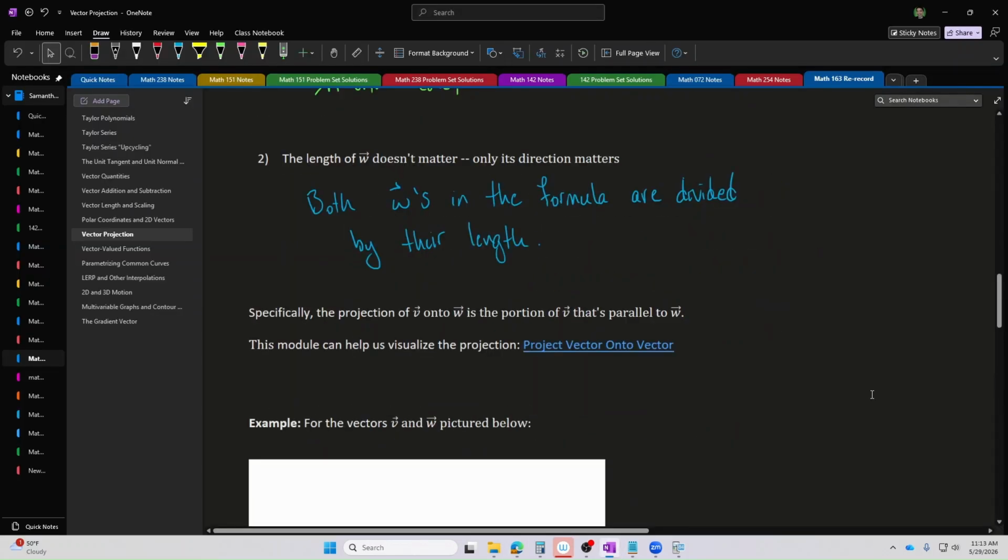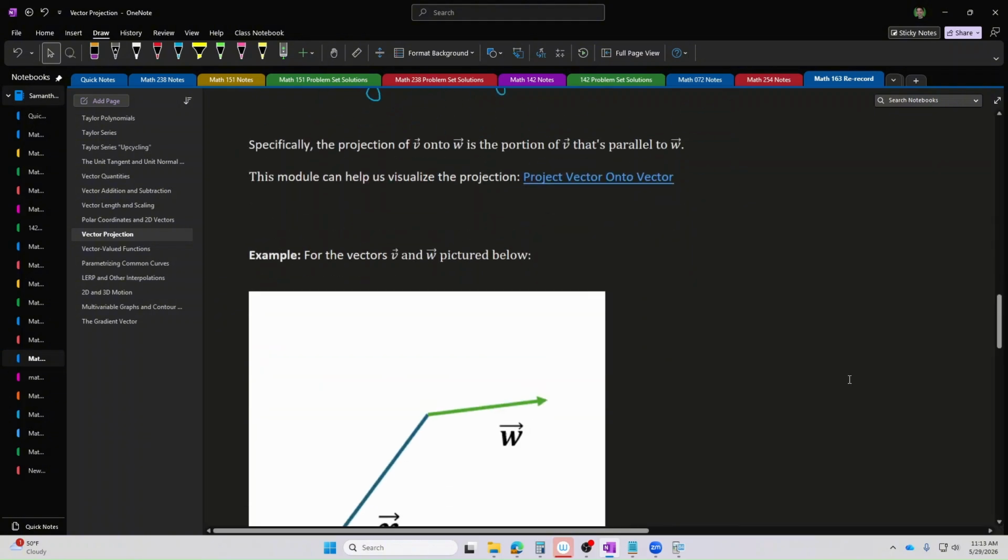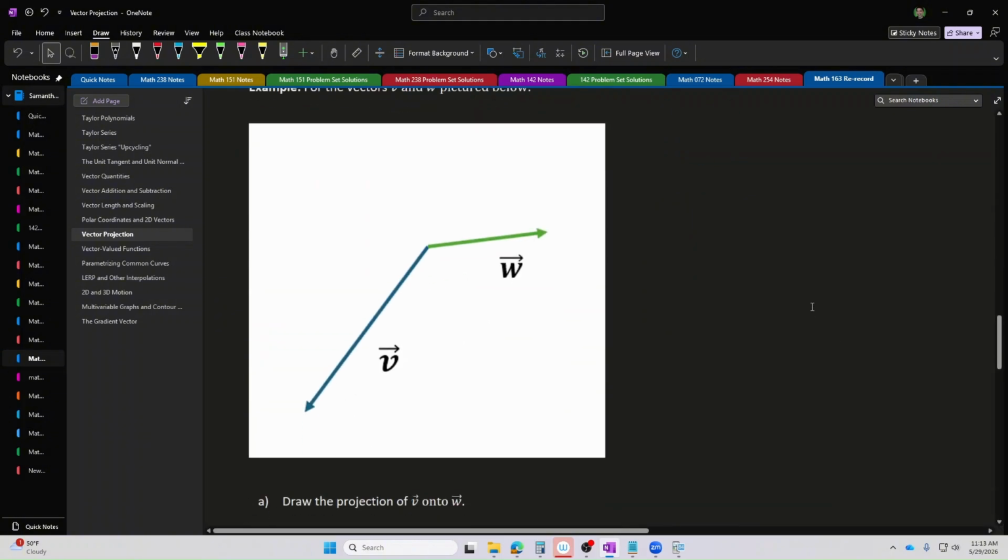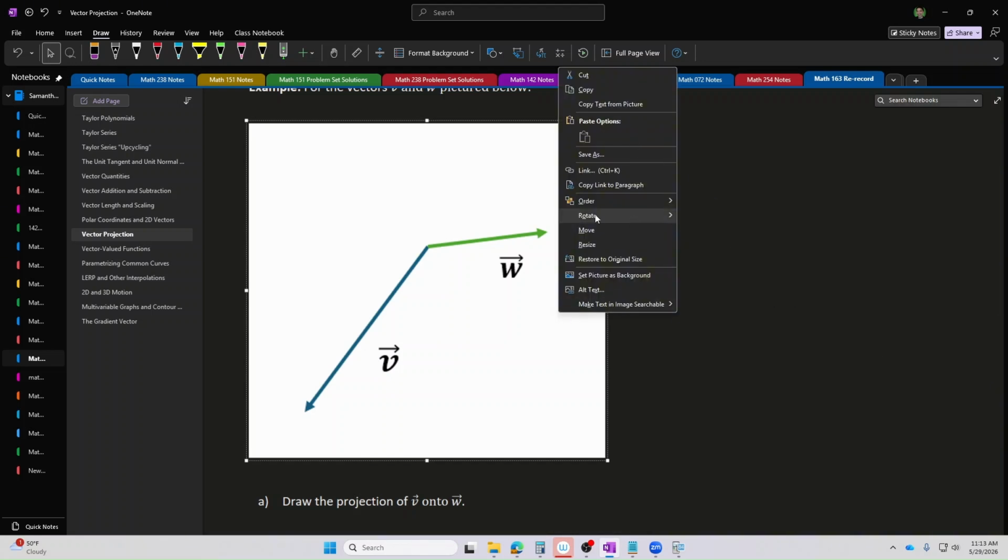To make sure we understand what the projection formula is doing, let's go ahead and practice finding the projection just using a picture and not using the formula. So here, for example, is an image of two vectors, v and w. And the first thing that they're asking me to do is to draw the projection of the vector v onto the vector w.